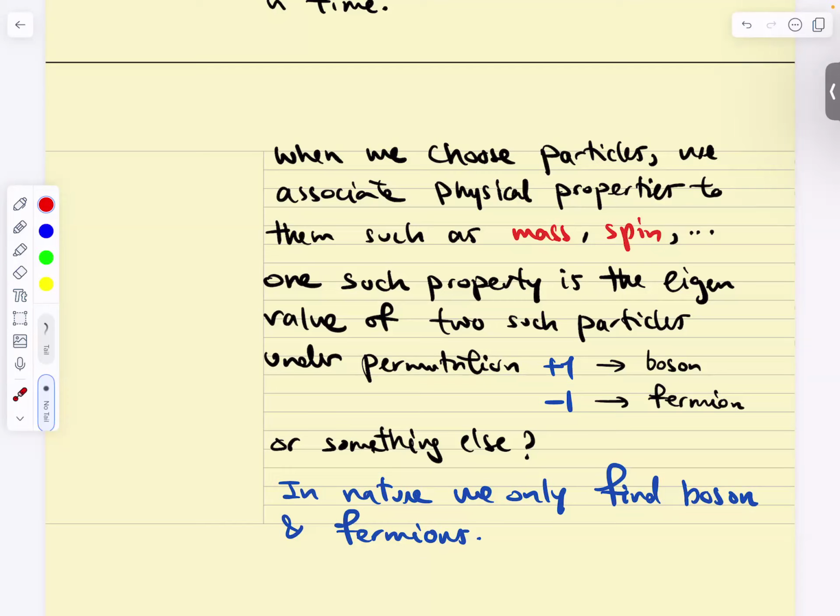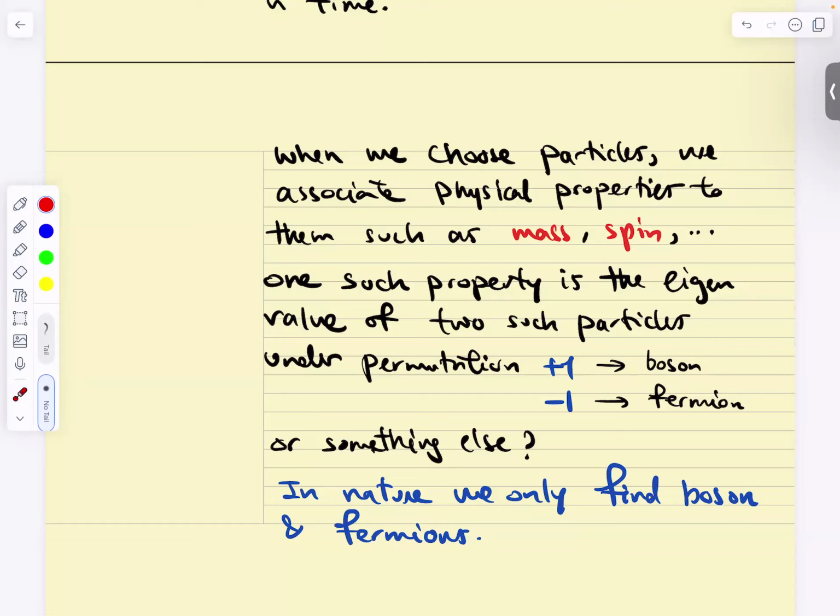If it was neither symmetric nor antisymmetric, like in 2 dimensions, as I'm going to say, then you would have particles that are neither bosons nor fermions. They have a name. You have heard it. What is it? Anion. We're going to get there. So when people talk about anions, it means they're talking about eigenkets of particles for which, as part of their description, I have to tell you what happens when I swap them.